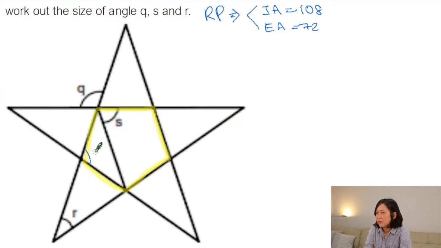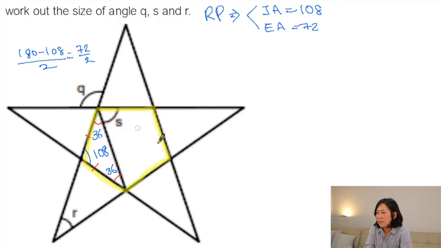So I'm going to write down one of the interior angles, that's 108. Then did you notice that you can see the isosceles triangle, right? So one of the angles of the isosceles triangle: take away from 180, divide by 2, that is 36, right?